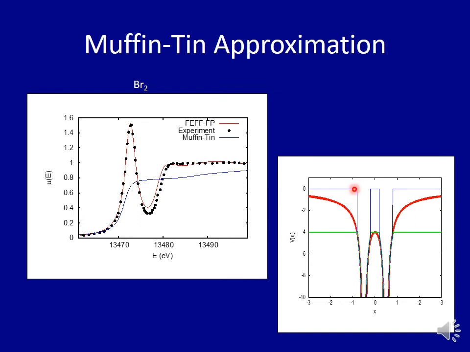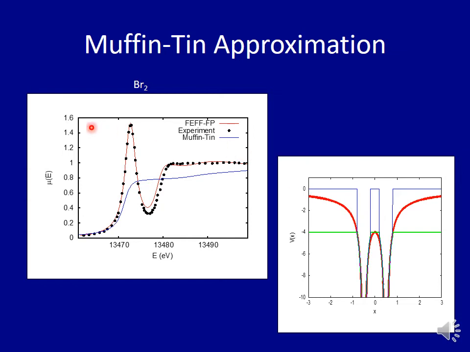On the other hand, you could pick the interstitial potential to be at the top at 0, and in that case, you will get bound states in this region up here. But they may be too bound because of the fact that you have interstitial in here. They may look more like atomically bound states. In any case, there isn't really a good choice for where to put the interstitial in this case.